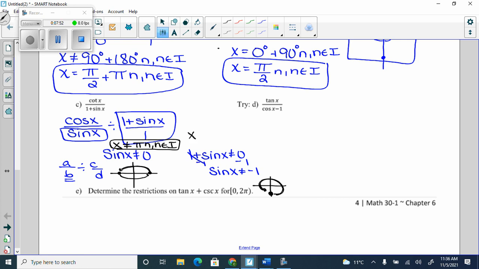What is that in radians? 3 pi over 2 plus, now I have to go around and around and around, plus 2 pi n, n an integer. So you actually have 2 of them, right? D you're going to try on your own. See how you do.